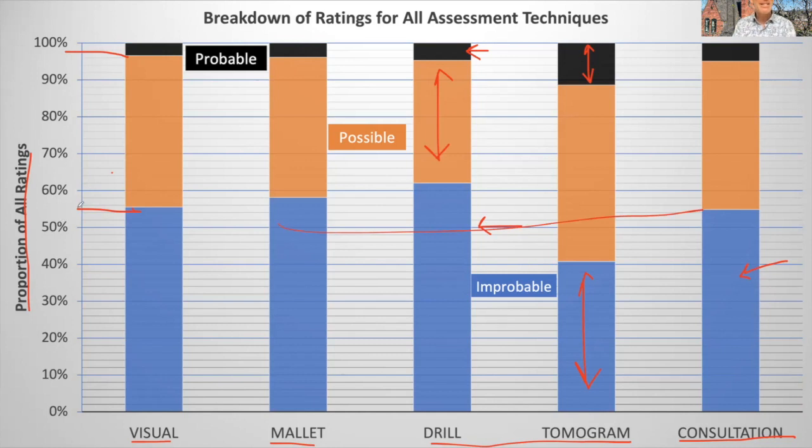If we look across, here's that 55% mark. It's basically the same. So after all of the information that people had, they come back to the same proportions that they started off with.